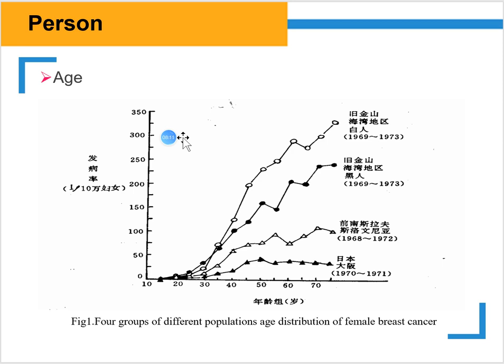The 4 curves show that the incidence rate of breast cancer increased with age in the 1970s last century, especially after 30 years old. In the 4 regions, the incidence rate of breast cancer in white women in the Gulf of San Francisco was the highest, and the lowest in Japanese women.